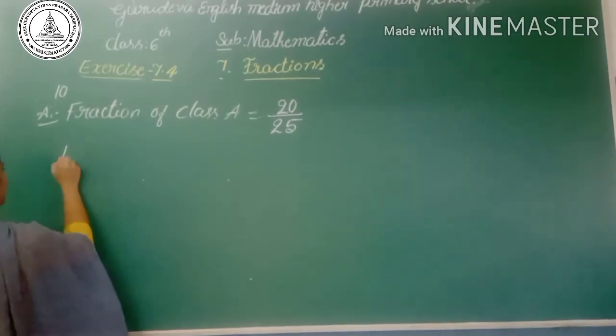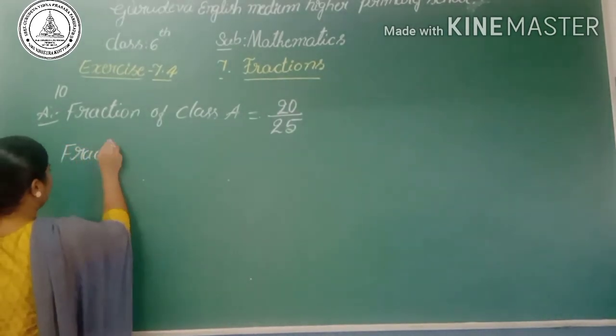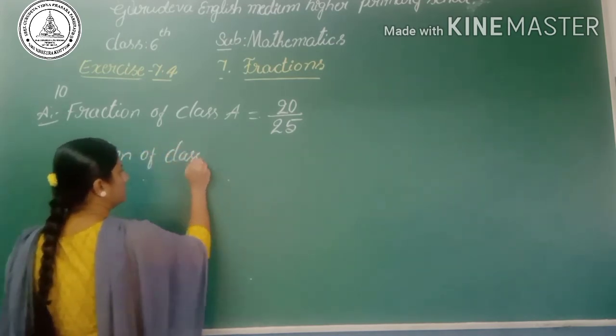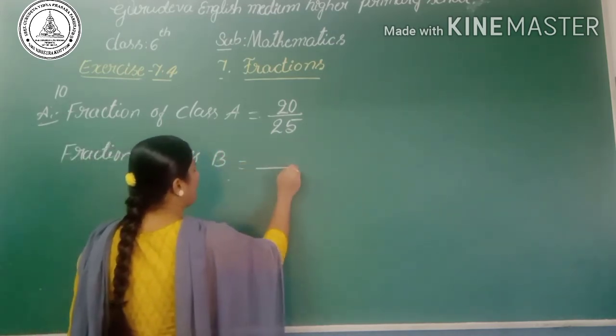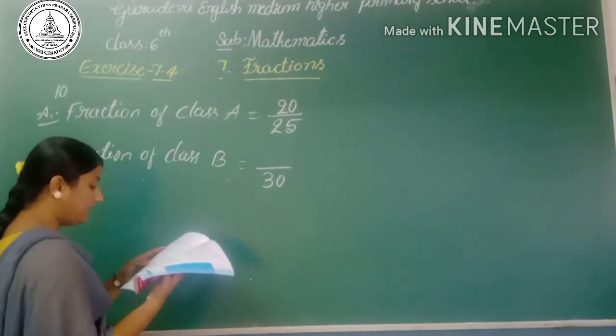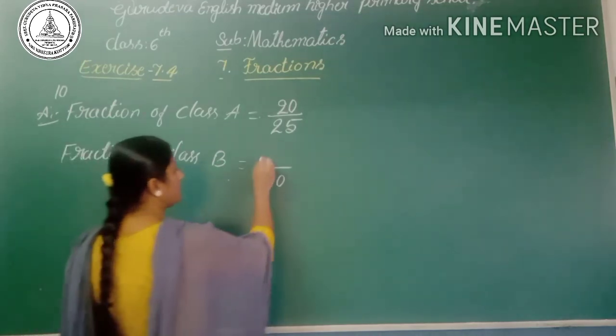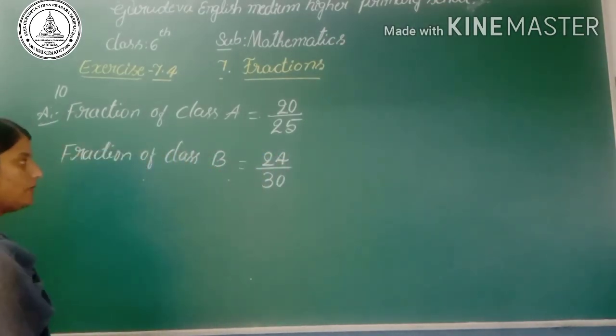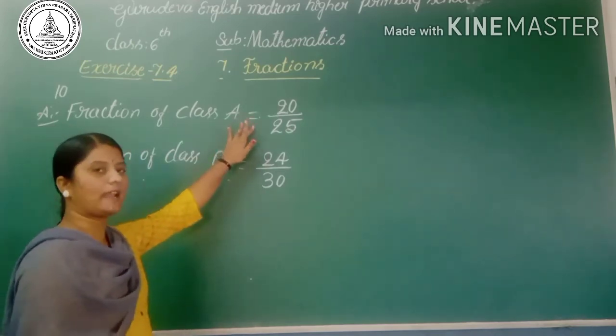Okay. Similarly, the fraction of class B: in class B there are 30 students, and 24 students passed with 60% or more marks. Okay. Then next we have to compare these two fractions.